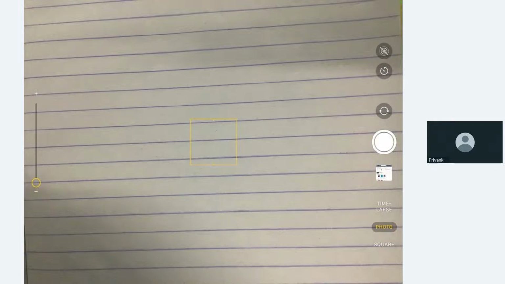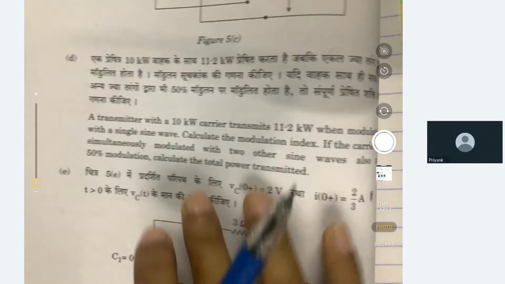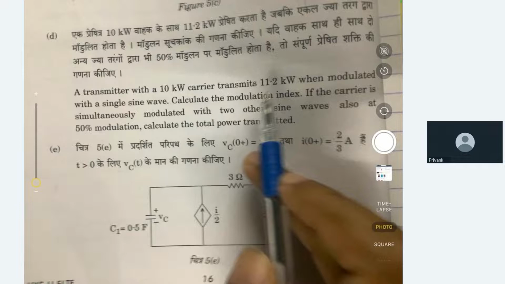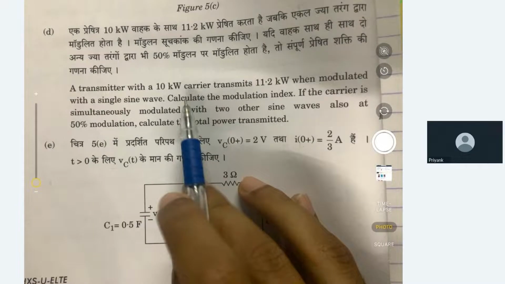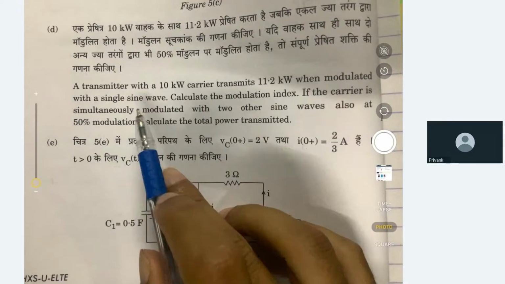Okay, so now moving to part D, 1D. This is an easy question. This has been repeatedly asked, in 2018 also. They asked the same question. A transmitter with a 10 kilowatt carrier transmits 11.2 kilowatts when modulated with a single sine wave. Find the modulation index. So let's do the first part.